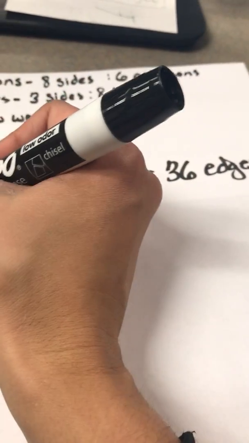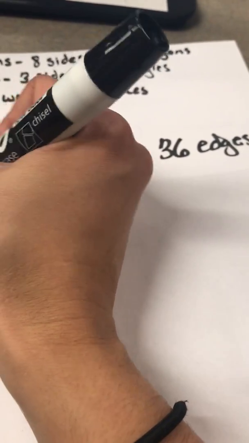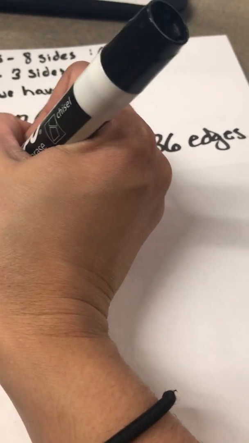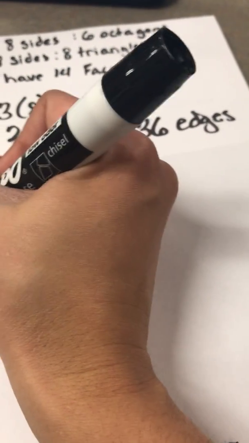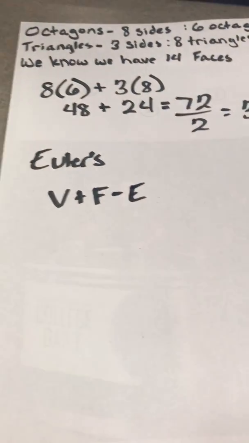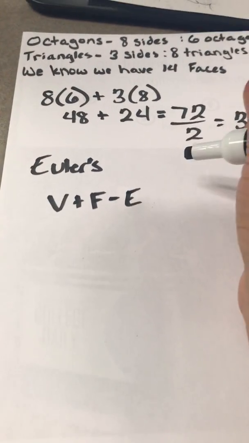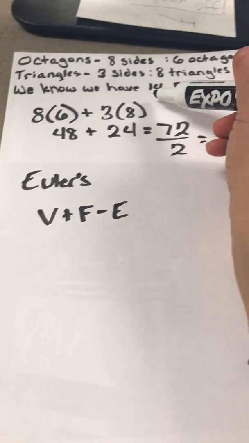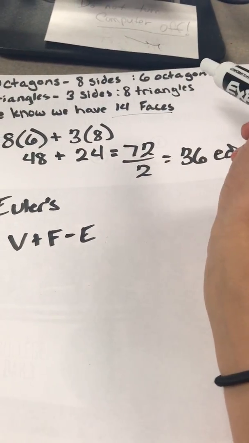So now we're going to do Euler's formula again, which was V plus F minus E. We know that we have 14 faces. It said that in the problem.